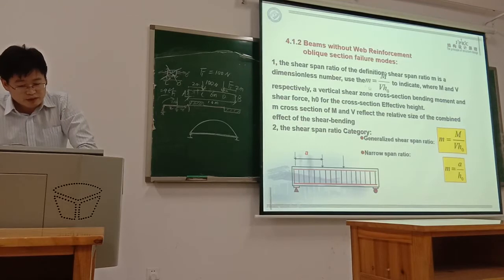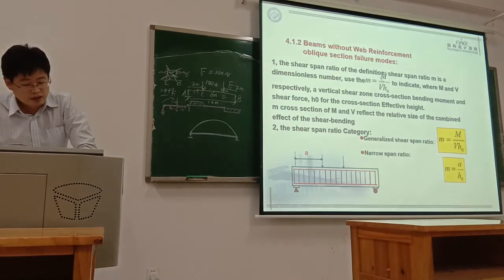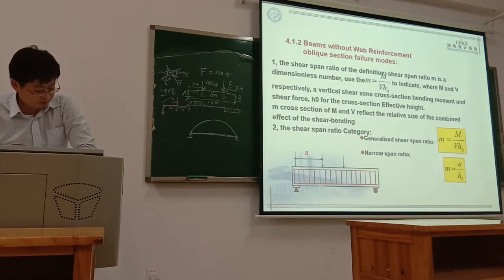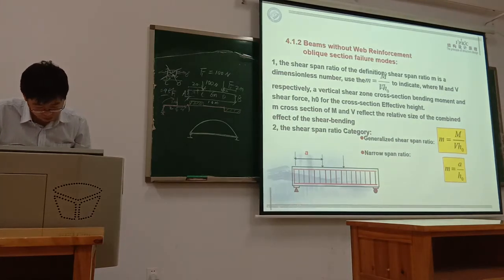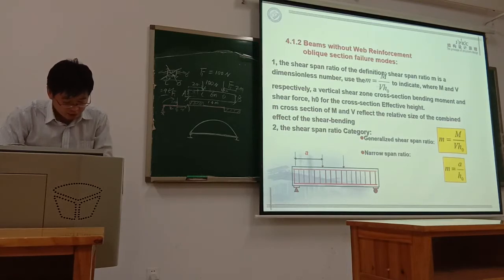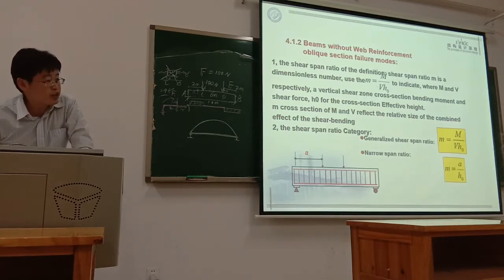Here we use one parameter, m. This m equals moment divided by shear force and h0, the effective height. In our book we call it the shear span ratio.